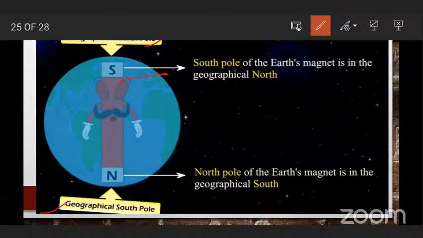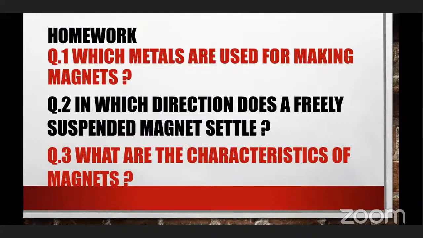It is in the north, so north and south attract. And from this, Gilbert proves that the suspended magnet always settles in the north-south direction.